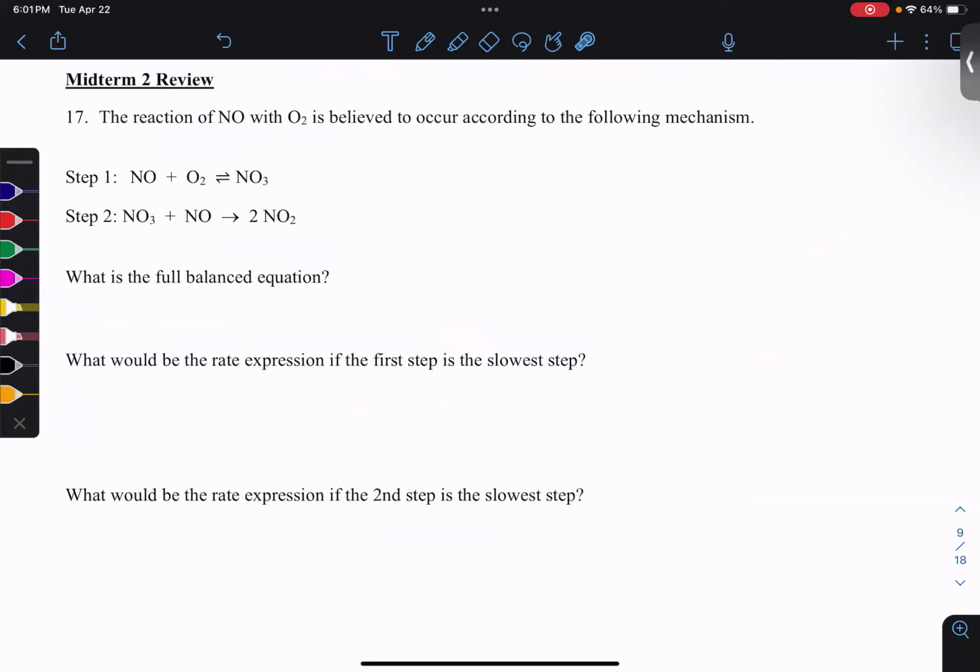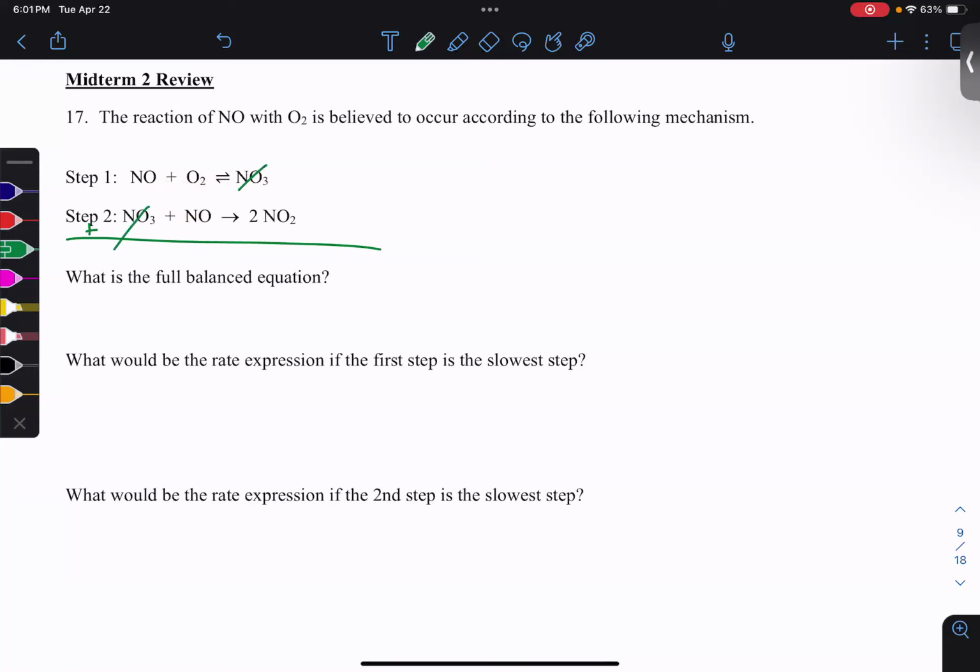The rate determining step is the slowest step, and that's what dictates our chemical reaction. So if I give you this 2-step mechanism, 2 steps are happening to give one overall reaction. If we want the balanced chemical equation, we just add these 2 reactions up. If we do that, NO3 cancels out.